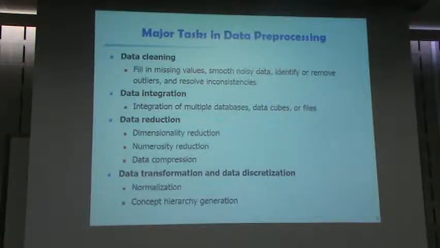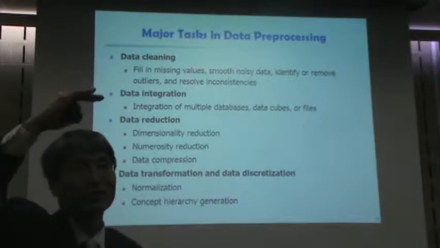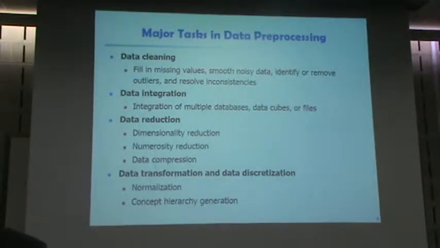And how to combine. Data reduction, this is very important. Probably some of the students who are doing research have already encountered such a problem. There is a saying, the curse of dimensionality. Curse of dimensionality means that when you have more than 15 dimensions, you may lose accuracy.